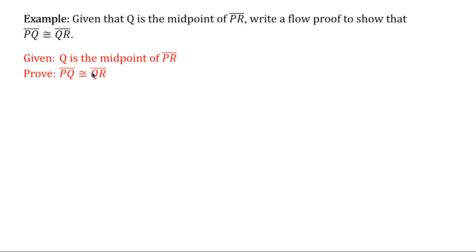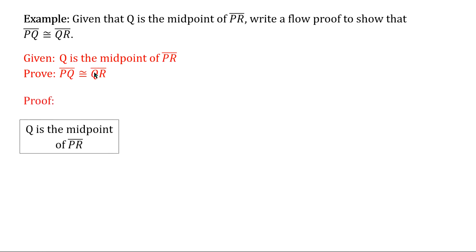So first step for our flow proof is write the box with our given statement and say that it's a given. Simple as that. Draw your arrow to move around.